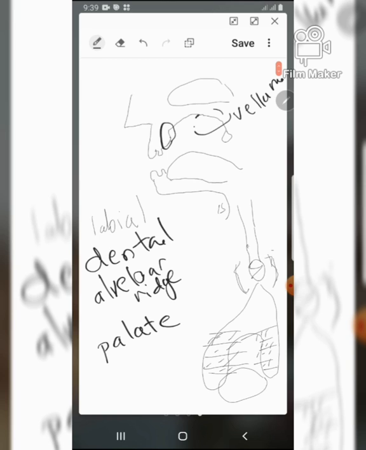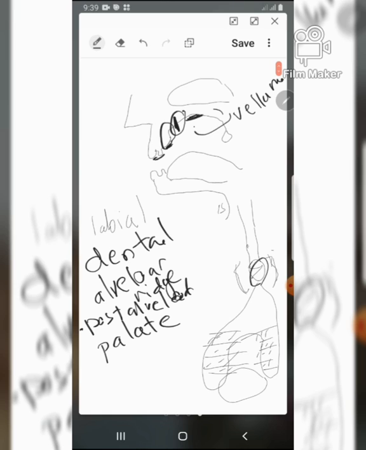In English, we use up to the velum, and then we jump to the vocal cords. So you have bilabial, dental, alveolar ridge, palate, velum, and this one here is called postalveolar, which means after the alveolar.